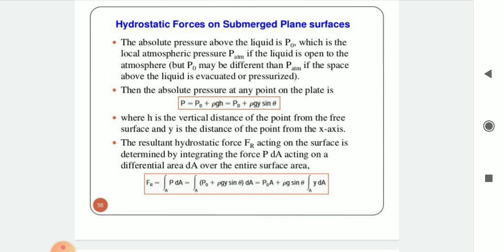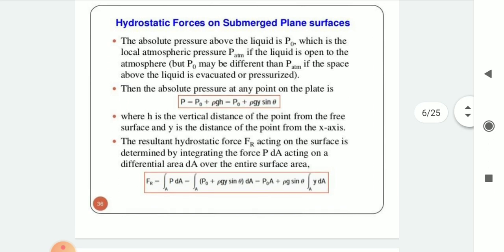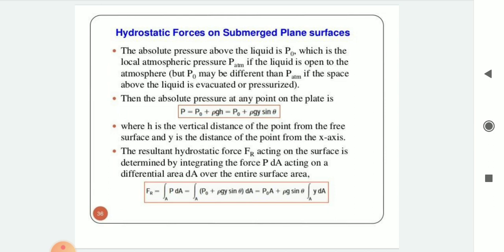So, the resultant hydrostatic force Fr is equal to the integral over A of P dA, equal to the integral over A of (P0 plus rho g y sin theta) dA, equal to P0 A plus rho g sin theta times the integral over A of y dA.